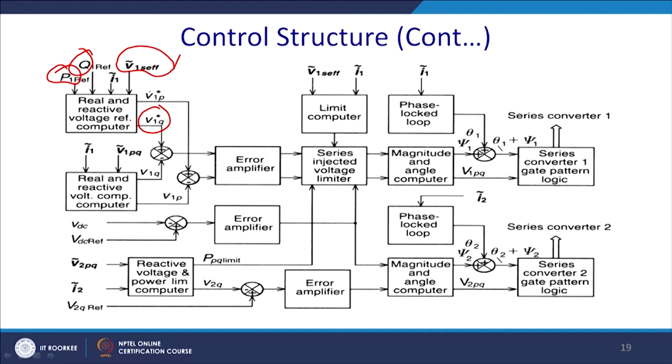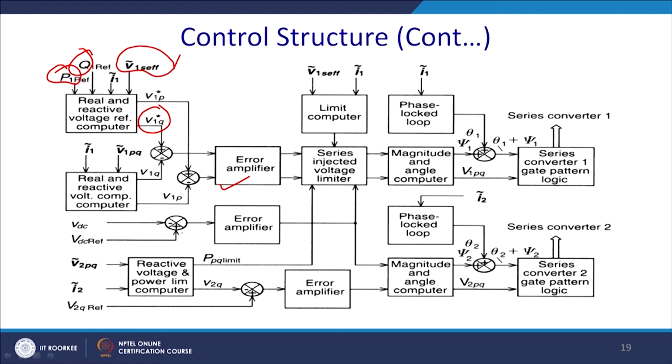You will sense this value I1 and VQ1, and ultimately you will compare and feed it to the PI controller. This is essentially an error amplifier, and you are required to maintain the DC bus voltage to meet the losses and exchange of the real power.